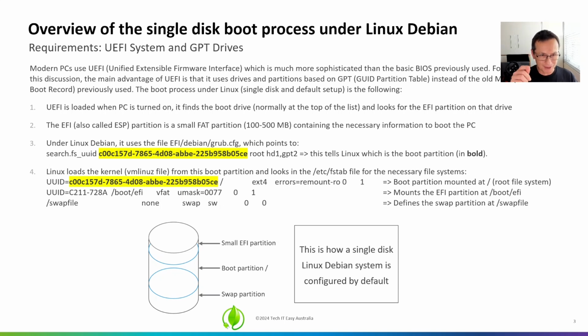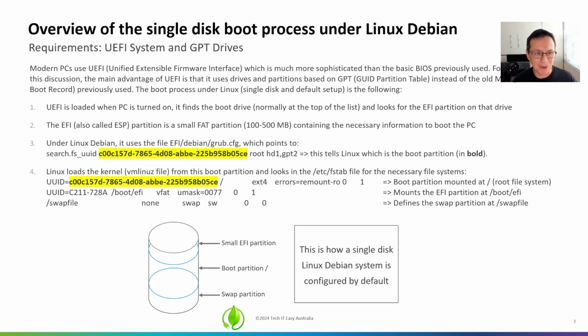So in this EFI partition, it will find a small file called the grub.cfg file, which will point to, and you can see here highlighted the UUID of the boot partition, and this will tell Linux where to find the boot partition and where it can load the system from.